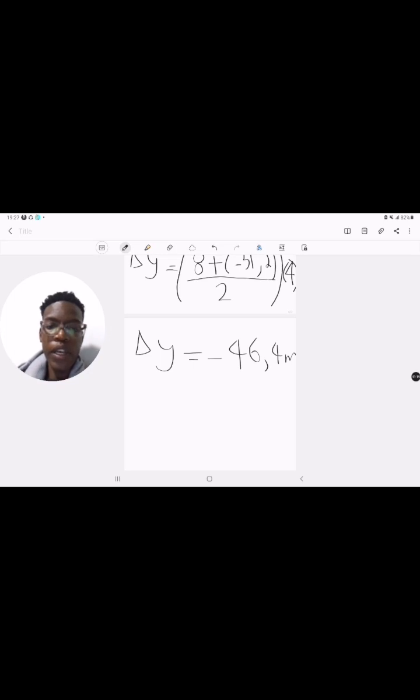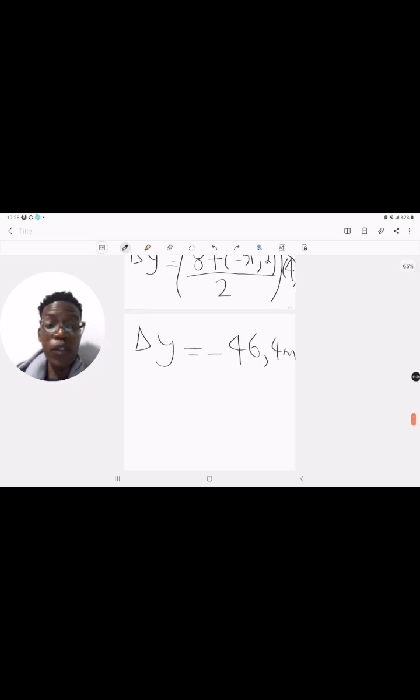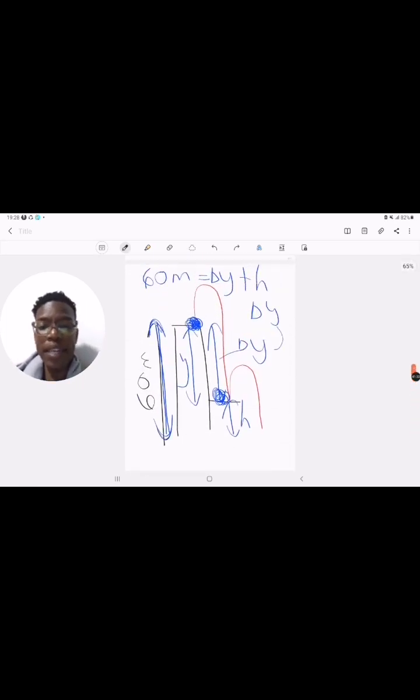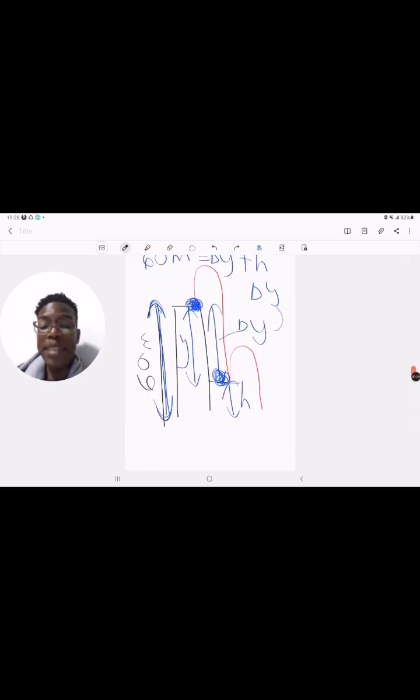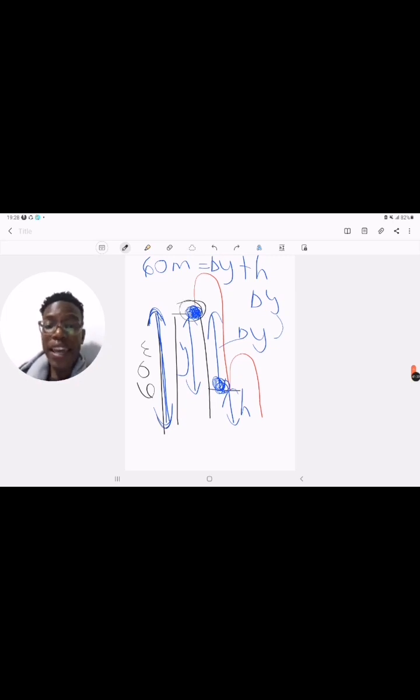So you've got minus 46,4 meters. Now, what does that tell you? Let me write my meters. This minus 46,4 has a negative attached to it. What does that mean? You remember from the first video, it means that from the point at which this object was thrown to the point where it's just about to bounce off the balcony, the height the ball moved by 46,4 in the negative direction, right?